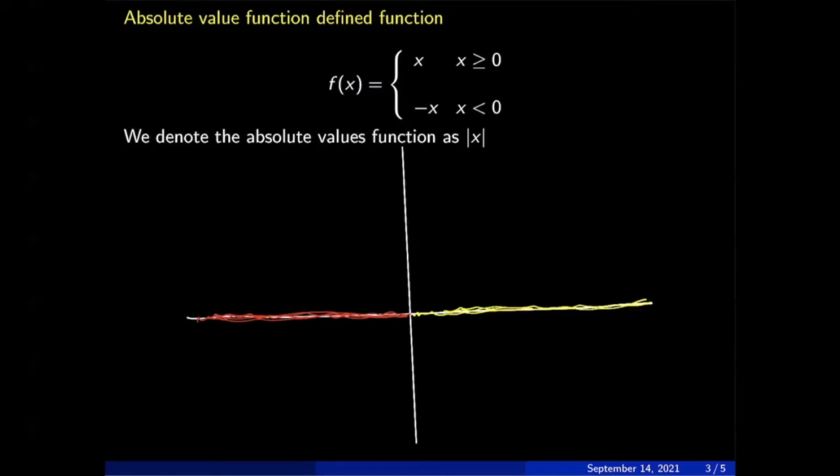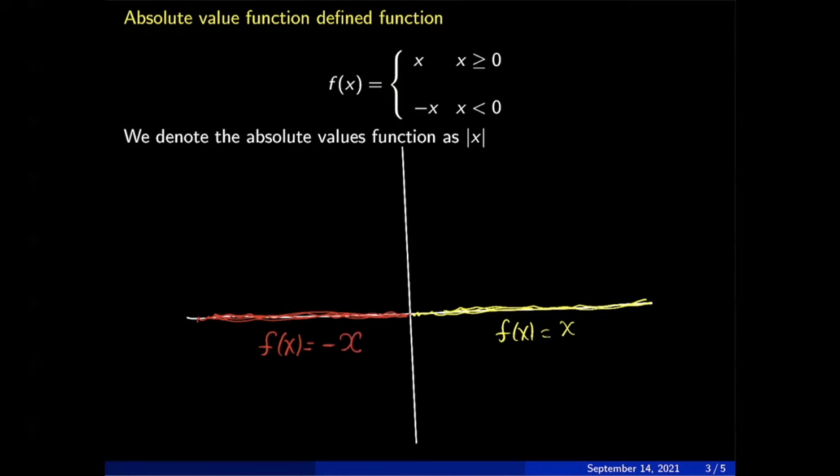When x is positive, the function is f of x is equal to x. When the domain of the function is negative, the value of the function, f of x, is equal to minus x.